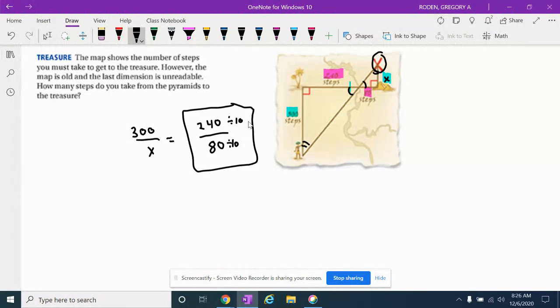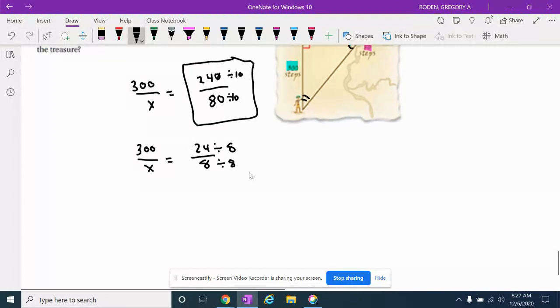So I'll copy down the 300 over x, and then reduce this fraction. If I divide by 10, the zeros just cancel out, and I get 24 over 8. I like multiplying and dividing by small numbers, not big numbers. Now 24 and 8, I can divide both of these by 4, but I can also divide by 8. And that's going to make my answer a lot easier.